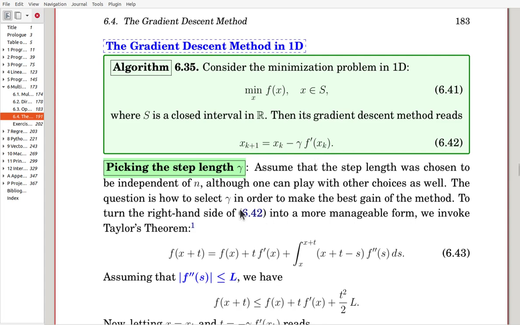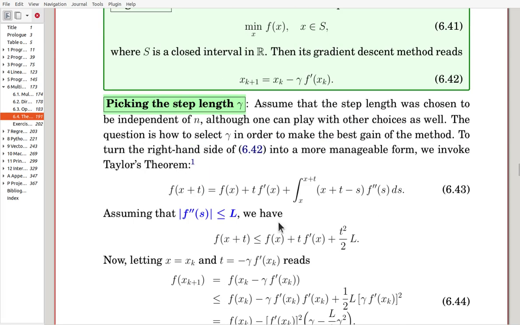Now we'll try to set the step length gamma very effectively. Here we start with Taylor's theorem: f of x plus t, for general x and t, we have f of x plus t f prime at x, and this remainder in integral form.